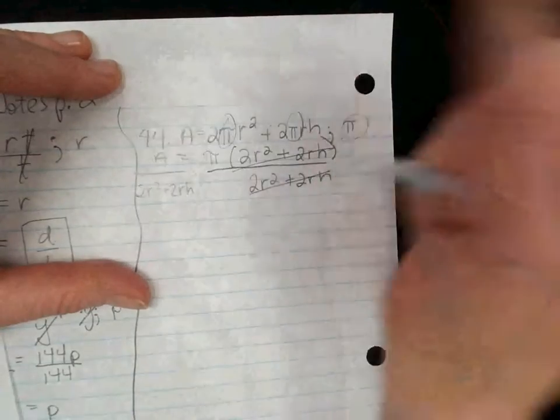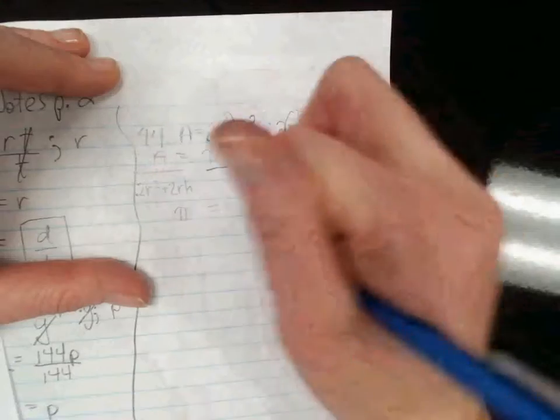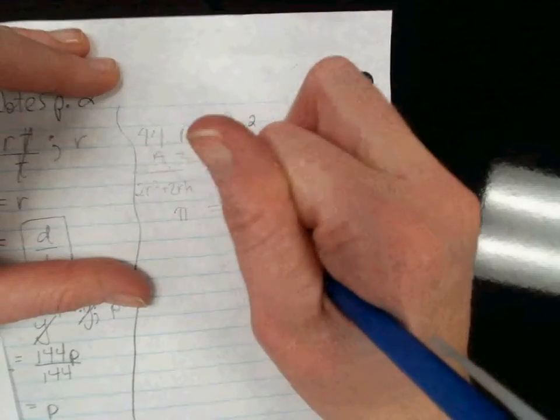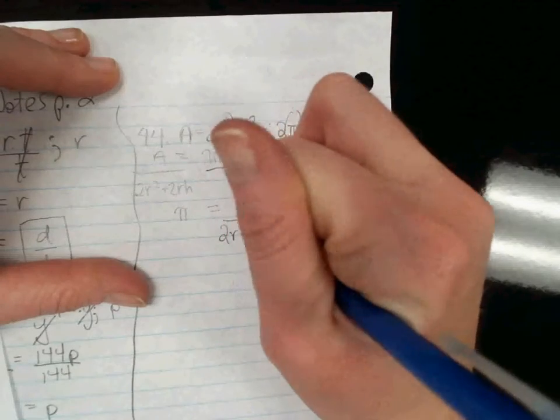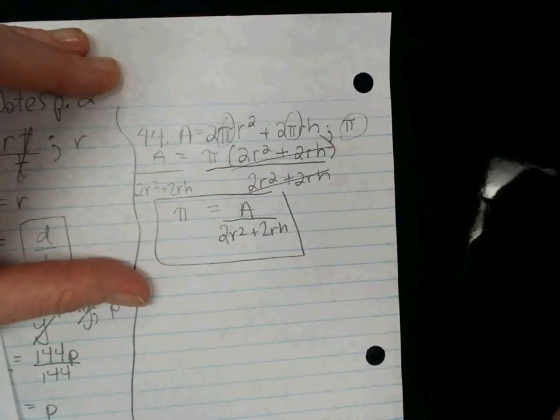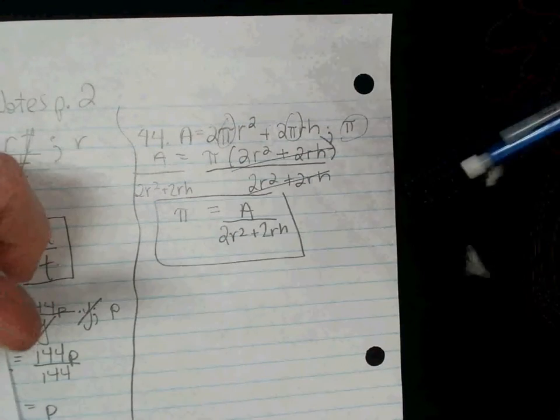And that all cancels out. So pi equals the area over 2r squared plus 2rh. There you go. All right, that's our notes for today.